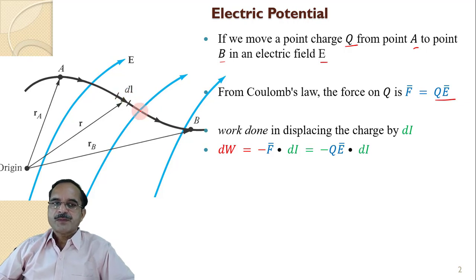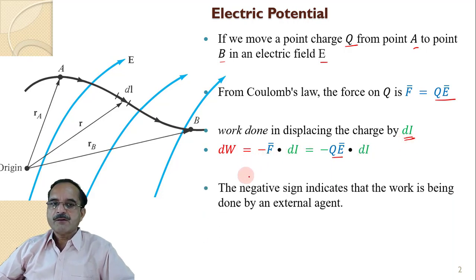So during this, the work done dW is minus F dot dl, where as per Coulomb's law, force is Q into E, so we substitute here. So this is the work done in displacing a charge by a small differential length dl. The negative sign here indicates that work is being done by some external agent.